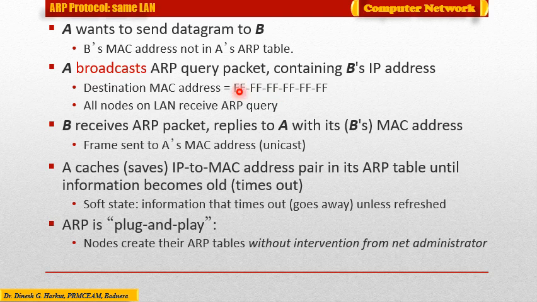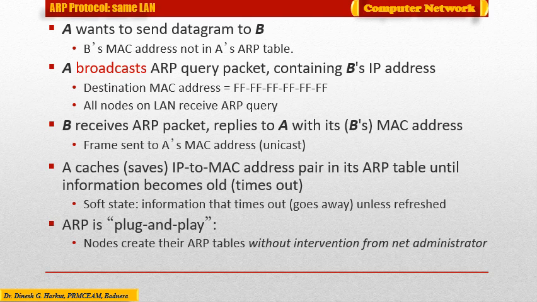As we know, this all ones address is a broadcast MAC address. The adapter encapsulates the ARP packet in a link layer frame, uses the broadcast address for the frame's destination address, and transmits the frame into the subnet.